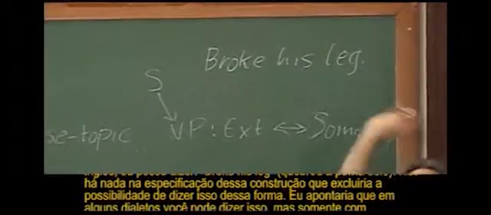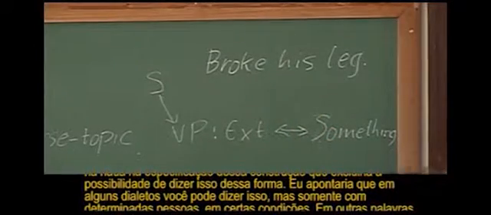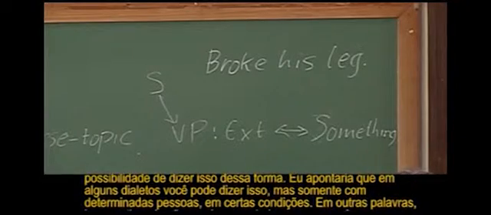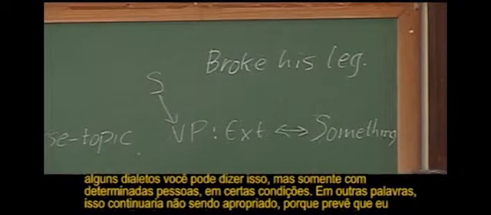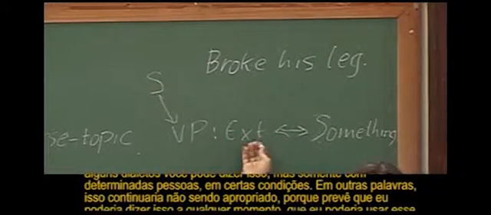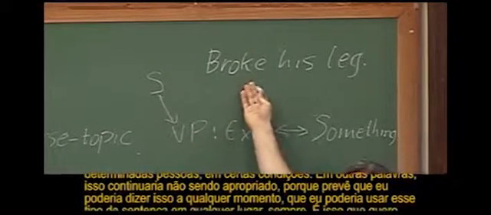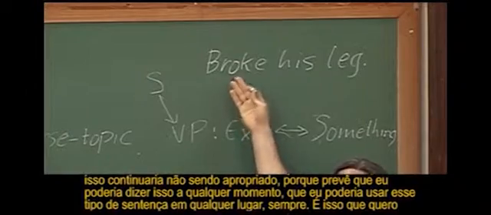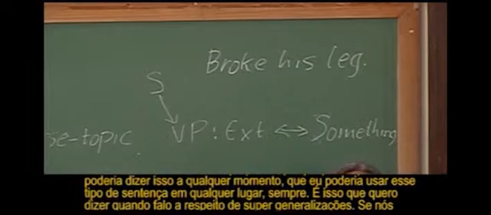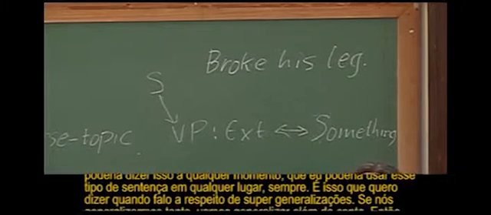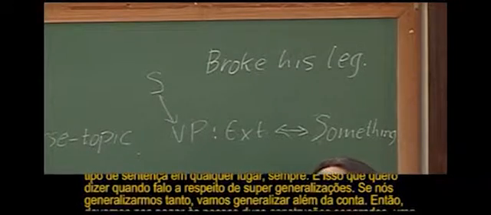I will point out that actually in some dialects you can say that, but it's only possible with certain persons and under certain conditions. In other words, this would still not be proper because it would predict that I could use this kind of sentence anywhere, always. So that's what I mean when I talk about overgeneration. Okay? So if we generalize that far, we have generalized too far.